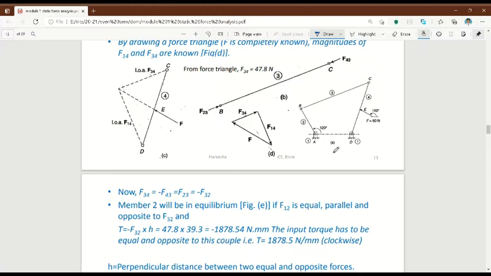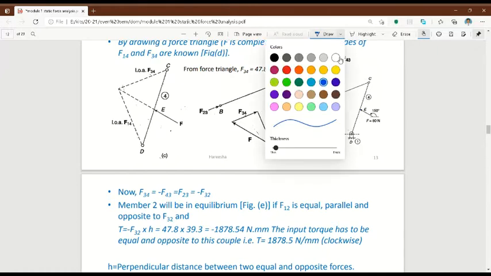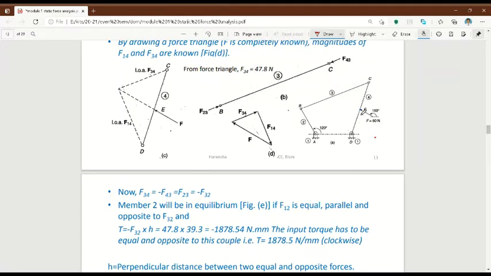For drawing this diagram, in the question they have given all the dimensions. But the problem you are facing is while drawing this force of 80 Newton. This force of 80 Newton acts on point E. Point E is located in the middle of CD.